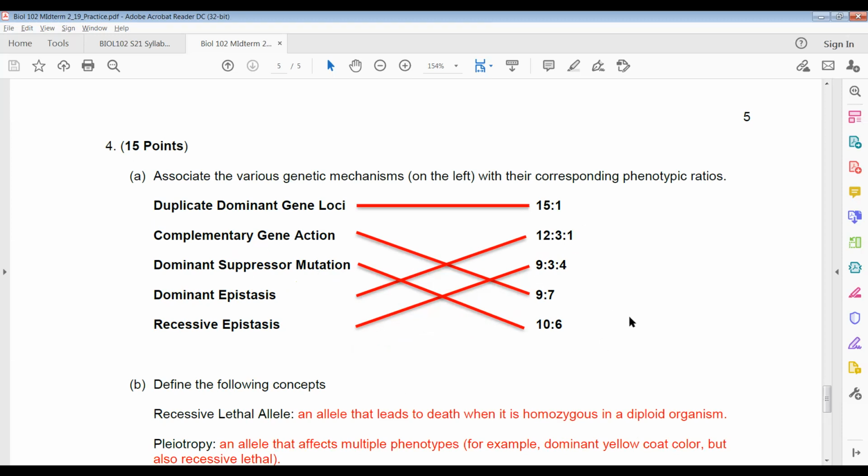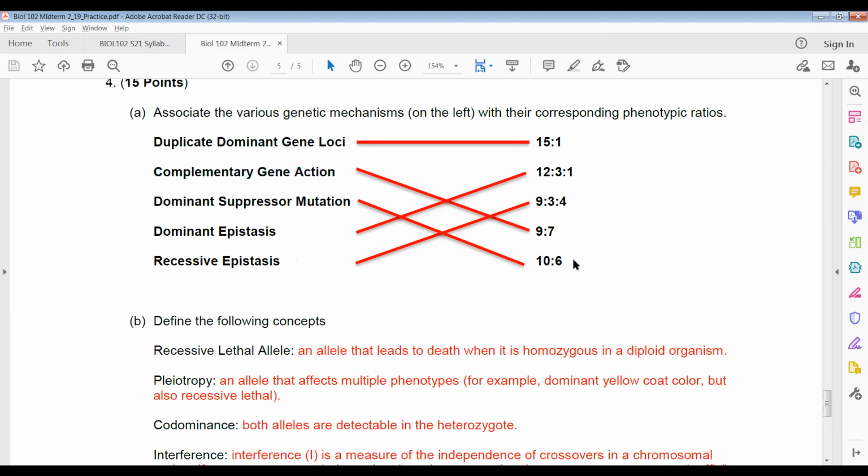So in the test, maybe I can ask you to describe or give me an example to show the specific mechanism and which ratio this mechanism will result in, something like that. That means you need to spend some time to understand the different mechanisms behind the different ratios, right?